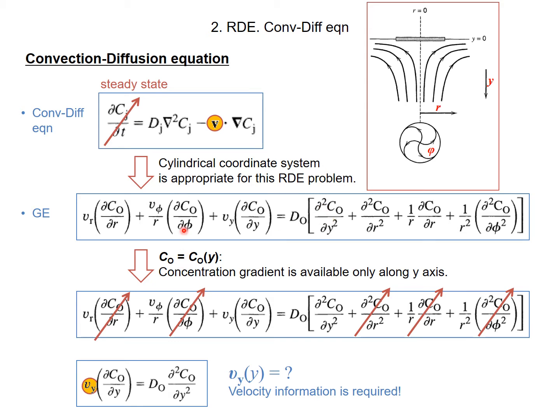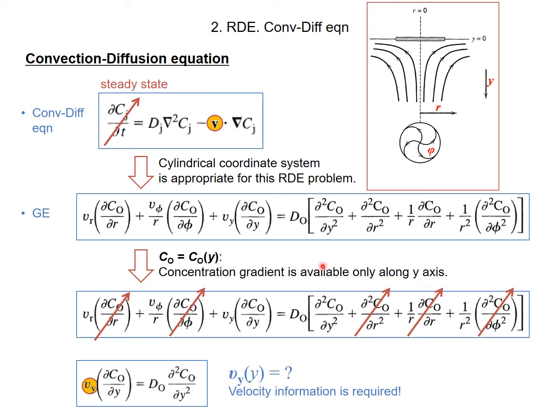Actually, we don't need to think about all terms in this convection diffusion equation because the concentration is only a function of y, not a function of radius and not a function of phi. The concentration gradient is available only along the y-axis.